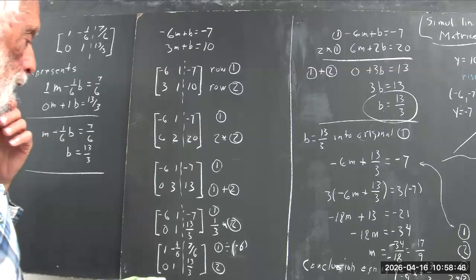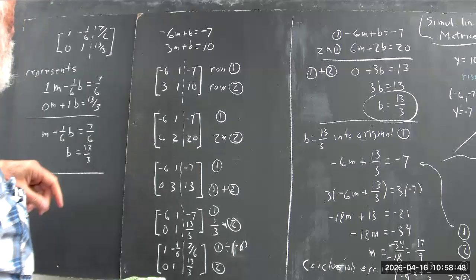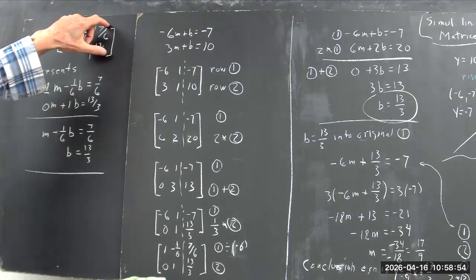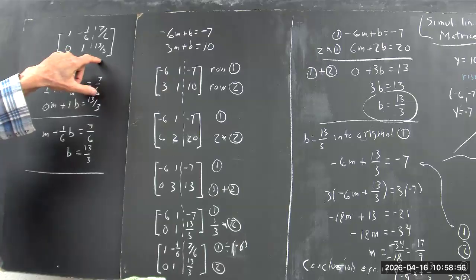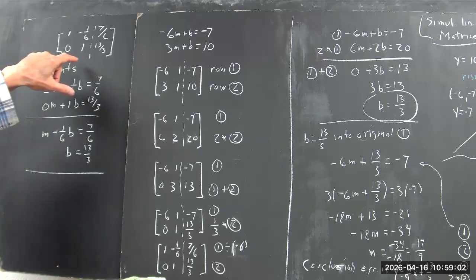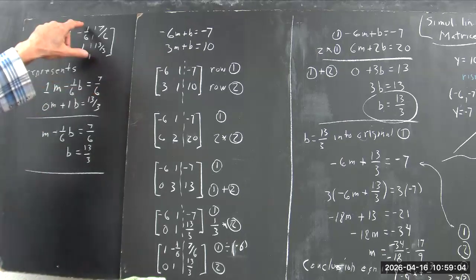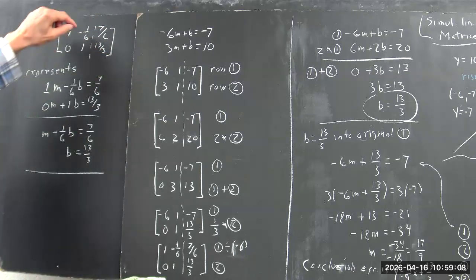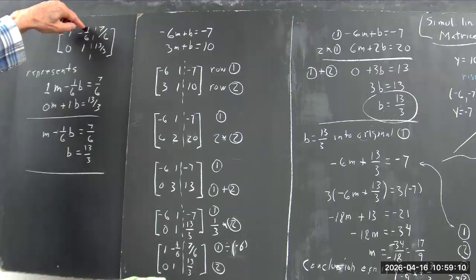Now, there's another thing I can do. Once I get the matrix into the final form that we had here, the 1, -6, 7/6, 0, 1, 13/3, I could add 1/6 times the second row to the first, which would give me a 0 in the second column of the first row.